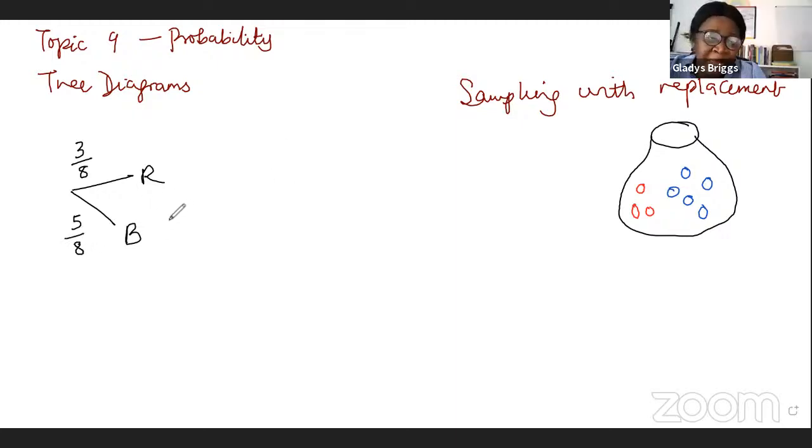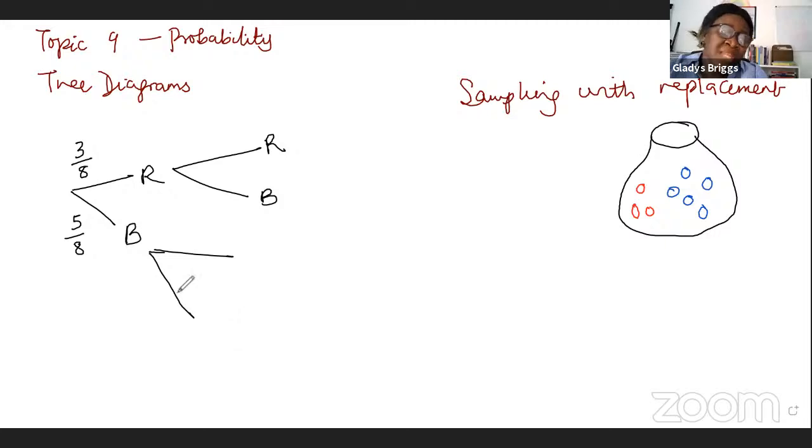Then you're going to put the ball back in, and then you're going to do the same thing again. This time, there are going to be 4 possibilities. It may be that you chose the red one the first time and the red one the second time, or the red one the first time and the blue one the second time. It may be that you chose the blue one the first time and the red one the second time, or the blue one the first time and the blue one the second time.